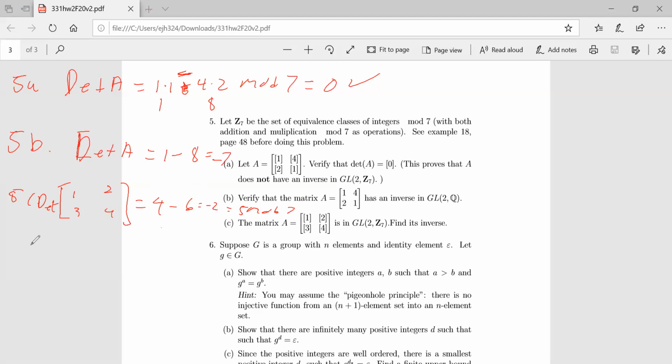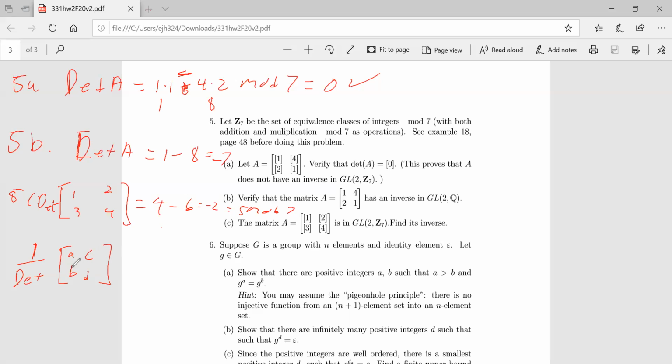What is our normal way for finding the inverse of a 2 by 2? Normally you take 1 over the determinant and multiply it by the matrix, where you switch A and D, and make B and C negative.